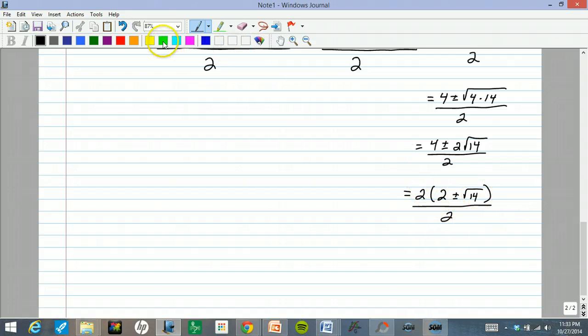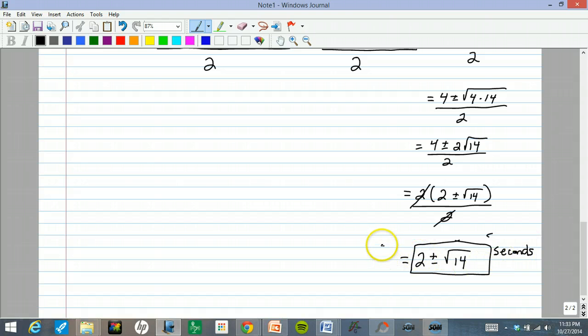And 2 times some number, then divide by 2 undoes. Oh, these colors are driving me nuts. So here are our answers: 2 plus and minus the square root of 14. This amount of time, so this is actually seconds, is when the ball hits the ground.